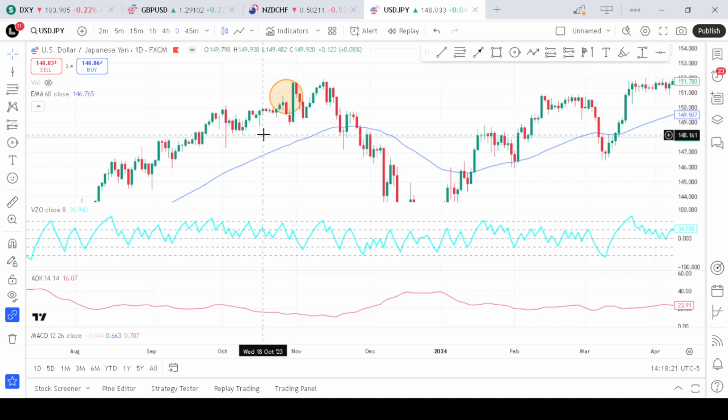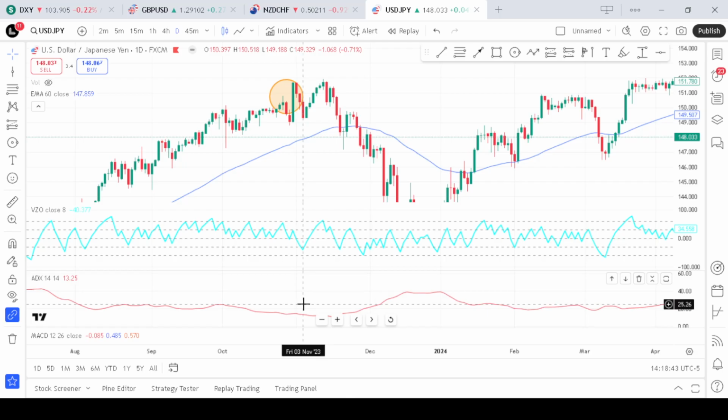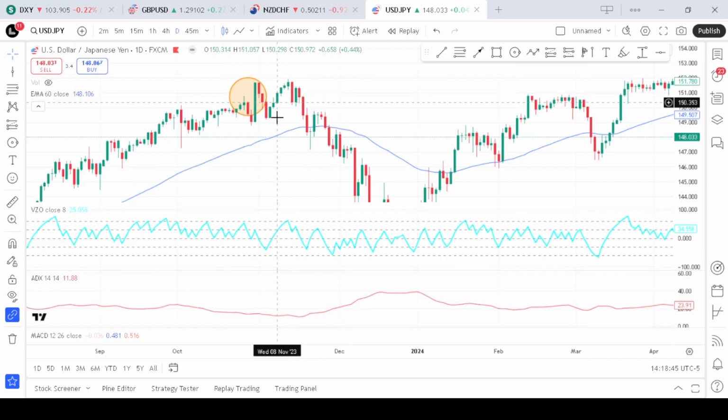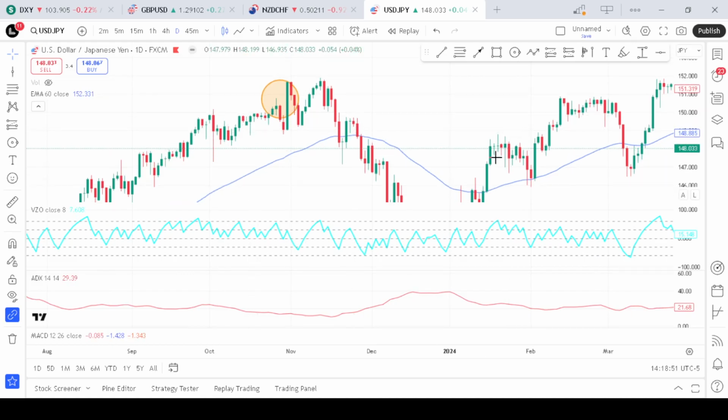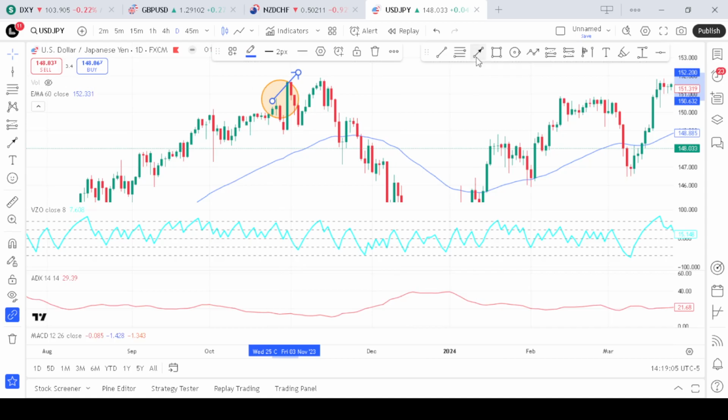But if price makes a higher high, like in this area, that's for a bearish divergence. If price makes a higher high while the VZO makes a lower high, as we can see, in this area price made a higher high, the VZO was making a lower high in this particular area in time.